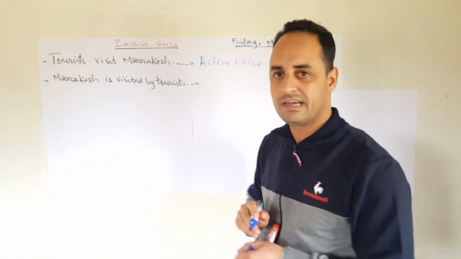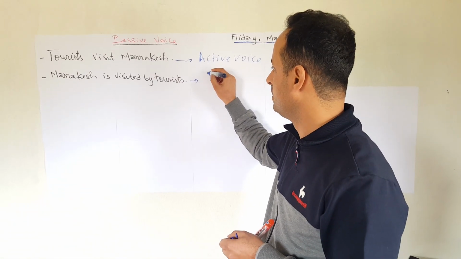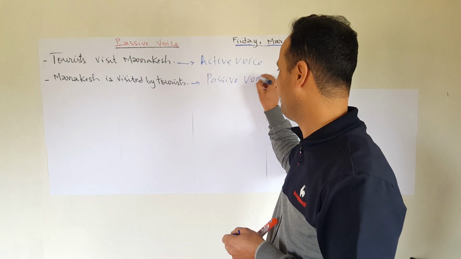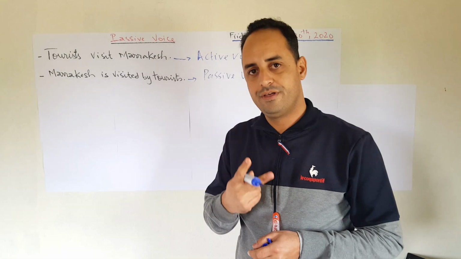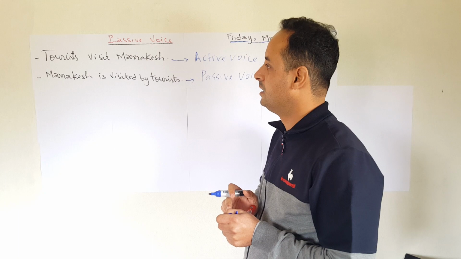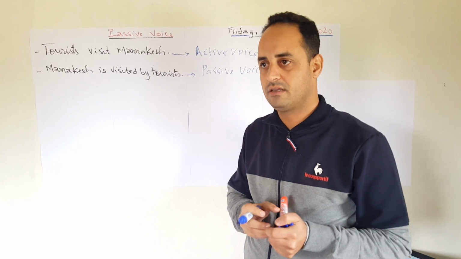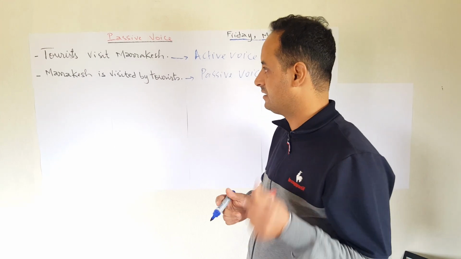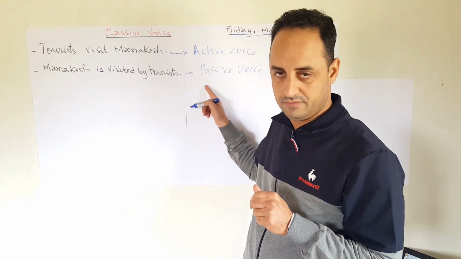However, the second one is considered passive voice. Both sentences have the same meaning, but they have different structures. And our main objective is to know how to transform a sentence from the active to passive voice.